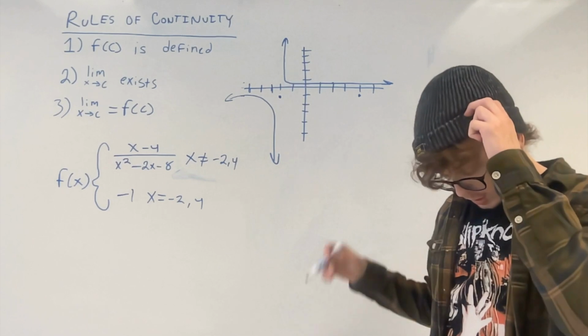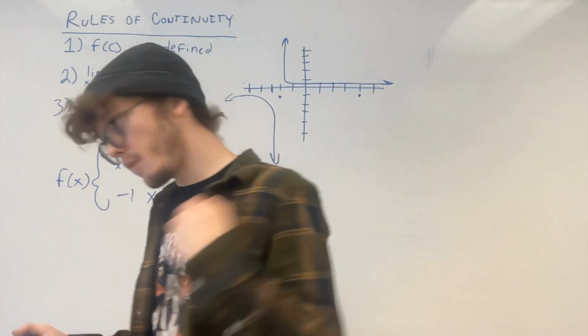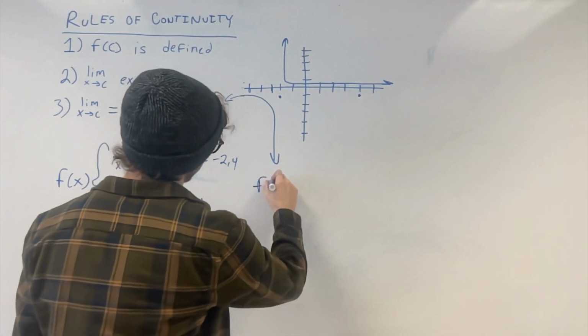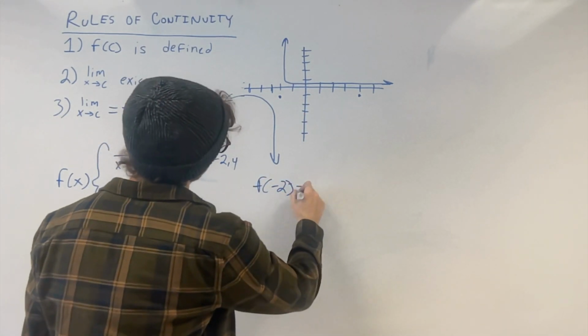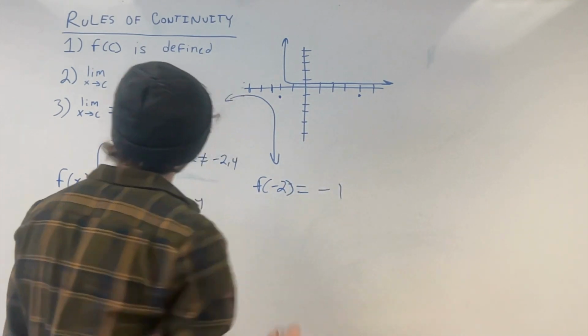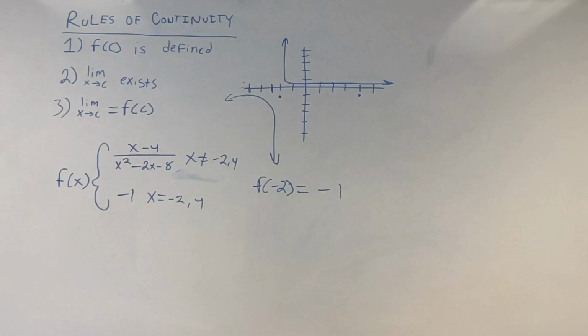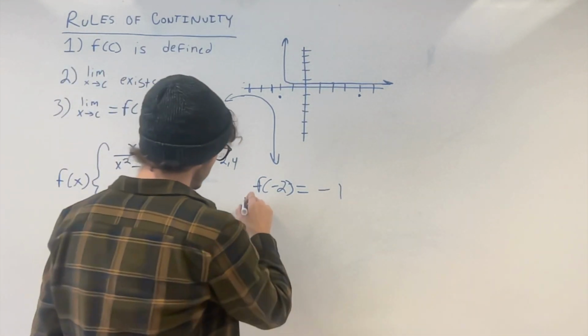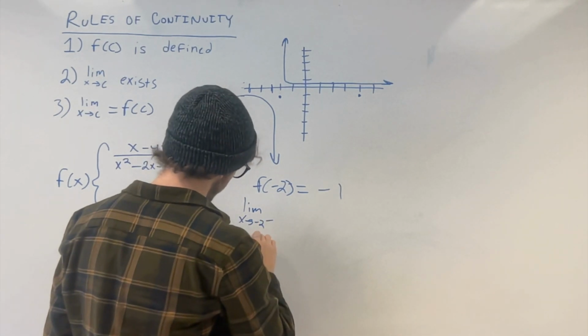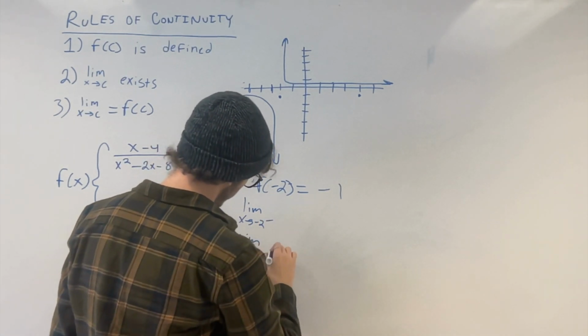So is this function continuous? That's a good question. Well, let's go through our rules. Is f of c defined? Otherwise, f of negative 2, is that defined? Well, yes, that's defined at negative 1. Does the limit exist? Well, we approach from the left, the limit as x approaches negative 2 from the left, and the limit as x approaches negative 2 from the right.